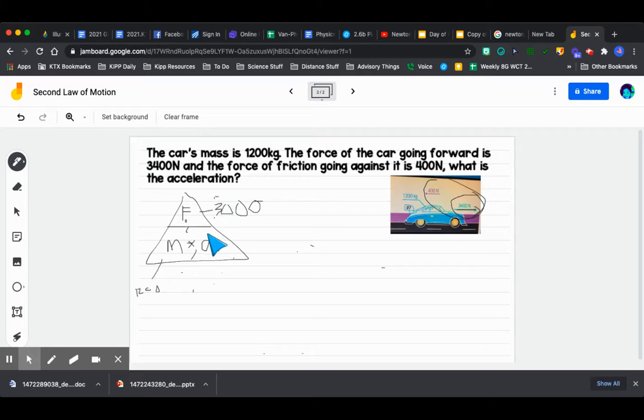To get acceleration, you do 3,000 divided by 1,200, which comes out to 2.5 meters per second squared. So this is how you do problems like these.